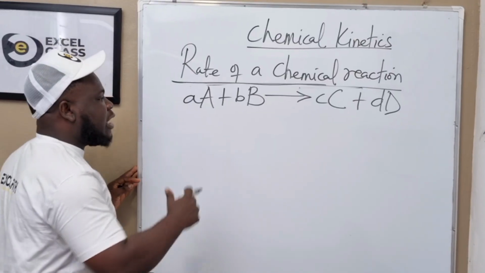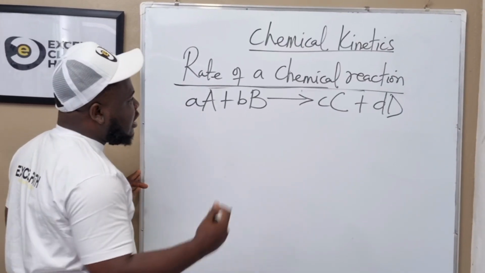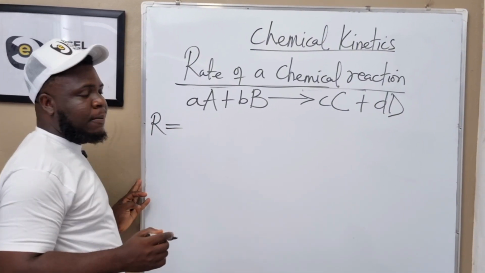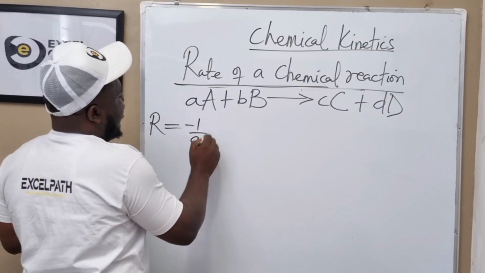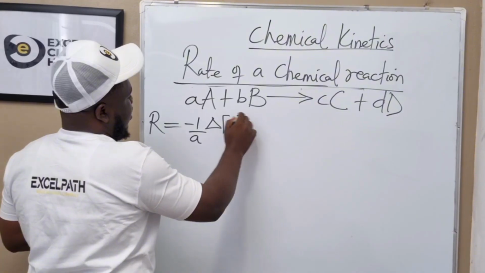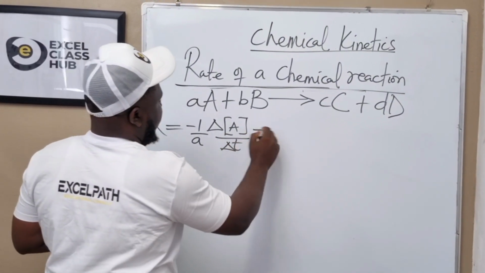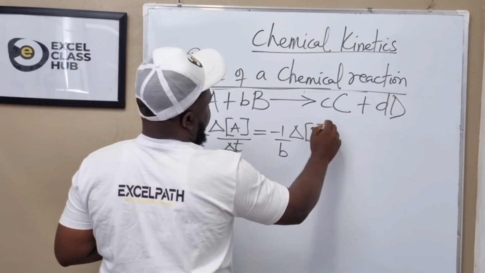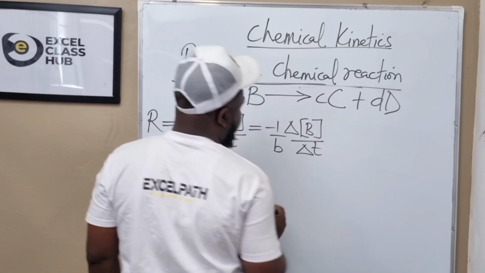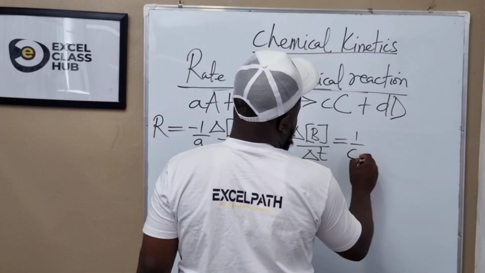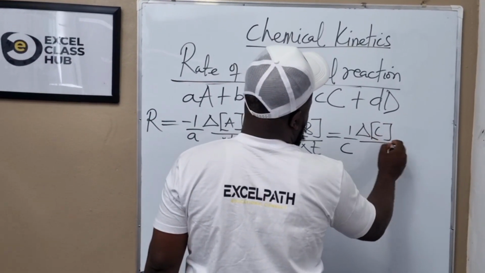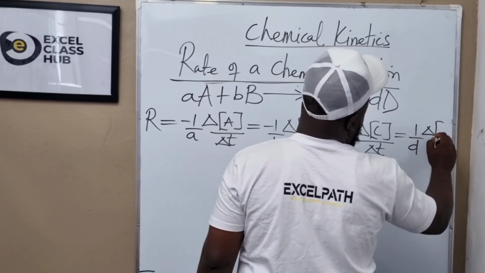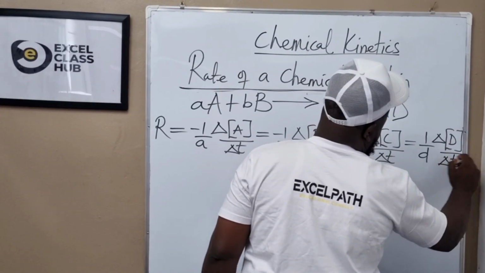If you are being told to write the rate expression for this particular reaction, the expression for the rate of the reaction becomes minus 1 over a, change in the concentration of A, all over change in time, which is also equal to minus 1 over b, change in the concentration of B, all over change in time, which is also equal to 1 over c, change in the concentration of C, all over change in time, which is also equal to 1 over d, change in the concentration of D, all over change in time.